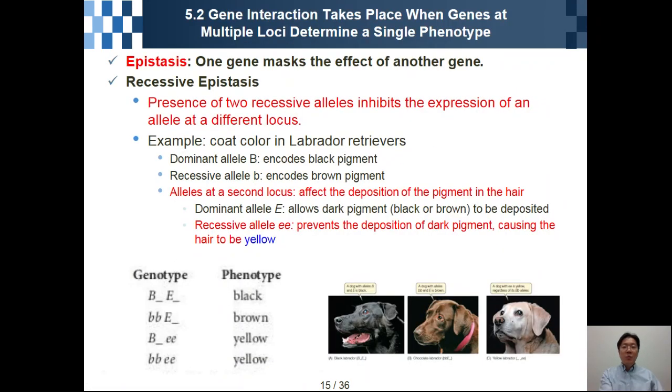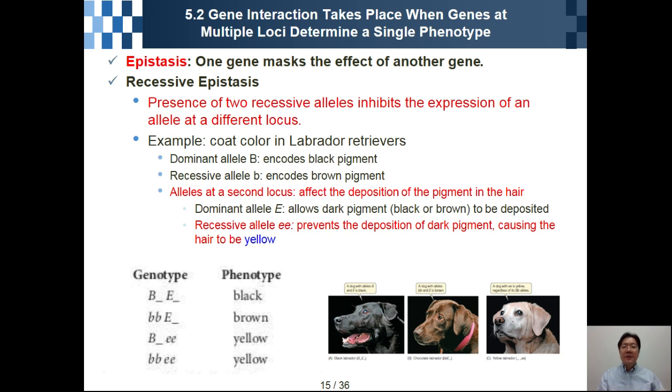In this slide, we will learn another gene interaction. We call it epistasis. Epistasis means that one gene masks the effect of another gene. So one gene, A for example, can completely eliminate the expression of gene B. One gene masks the effect of another gene.